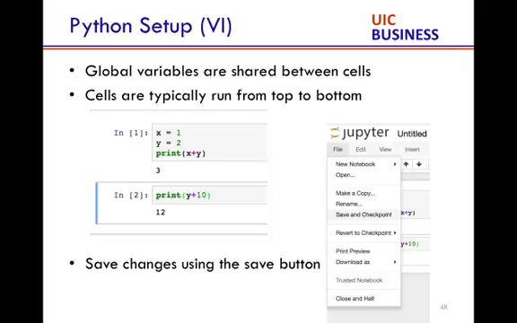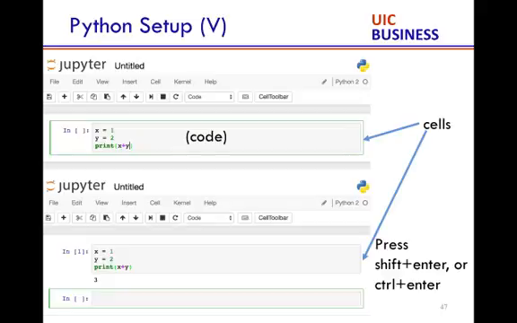So the difference between the top screenshot and the lower screenshot is that I pressed shift plus enter, and so I got yet another code block, this cell, and I got the output, which is 3 here. But x and y persist.